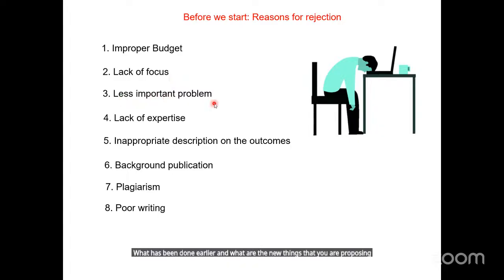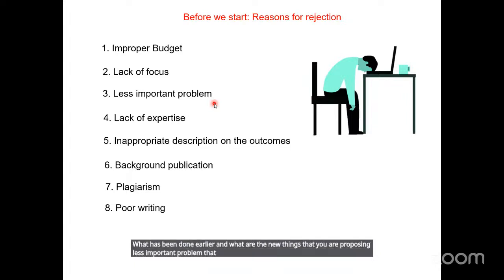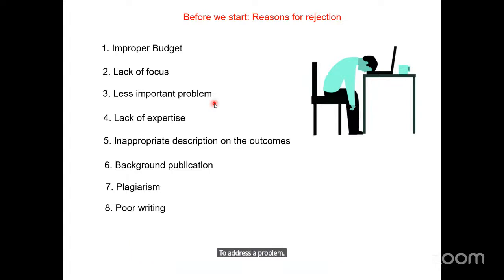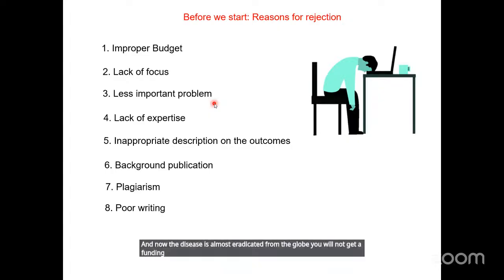Less important problem: I have already discussed this for manuscript writing, because you need to present your research to address a very current problem. Suppose a disease emerged 20 years back, 10 years back, 5 years back, and now the disease is almost eradicated from the globe, you will not get funding. Next, lack of expertise.